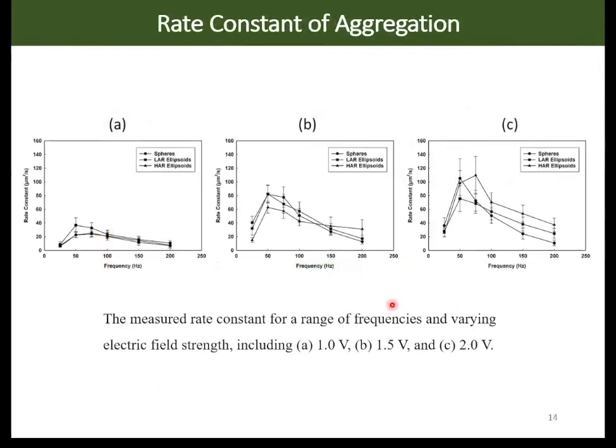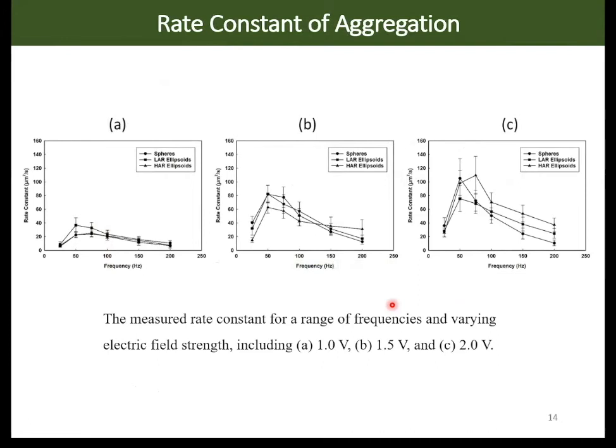Here are 3 figures that summarize the rate constant for all systems at varying frequency and different fixed electric field strength. Figure A was obtained from 1.0 volts, figure B from 1.5 volts, and C from 2.0 volts. From these figures, you can see all systems responded in quantitatively the same way.